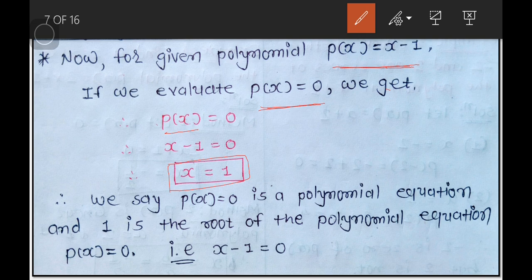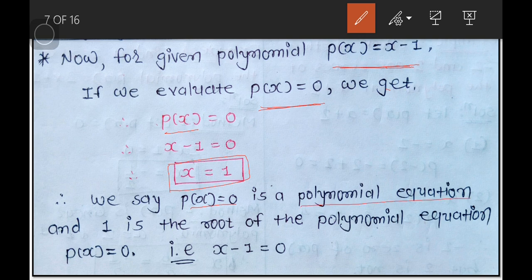So here we have evaluated p of x is equal to 0, and we get x is equal to 1. It is an equation. You can see here x minus 1 is equal to 0. So we say p of x is equal to 0 is a polynomial equation.